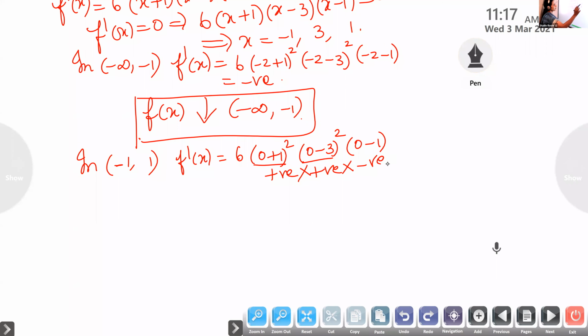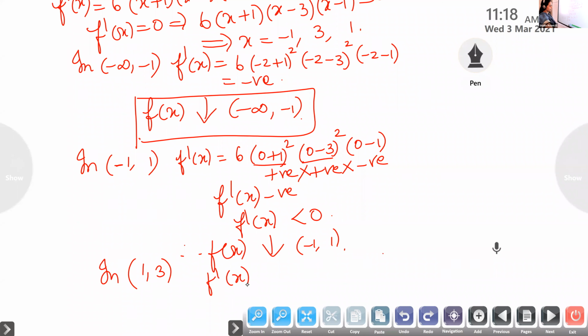Now take the next interval. What is the next interval here? 1 to 3, isn't it? So in the interval 1 to 3, find out what is the sign of f dash of x. Is it 2 you can take?